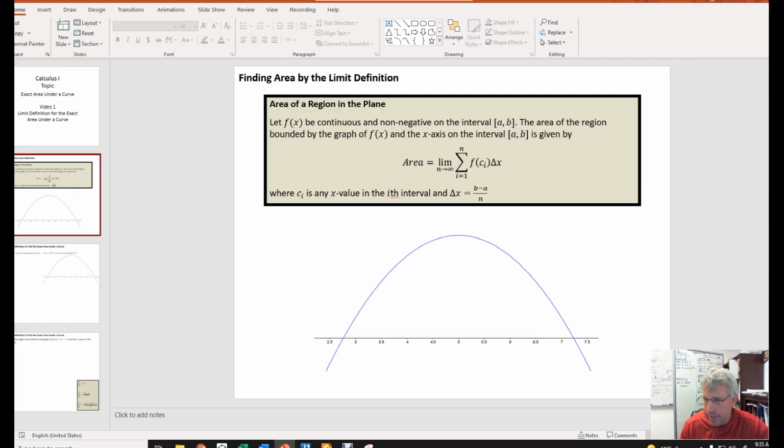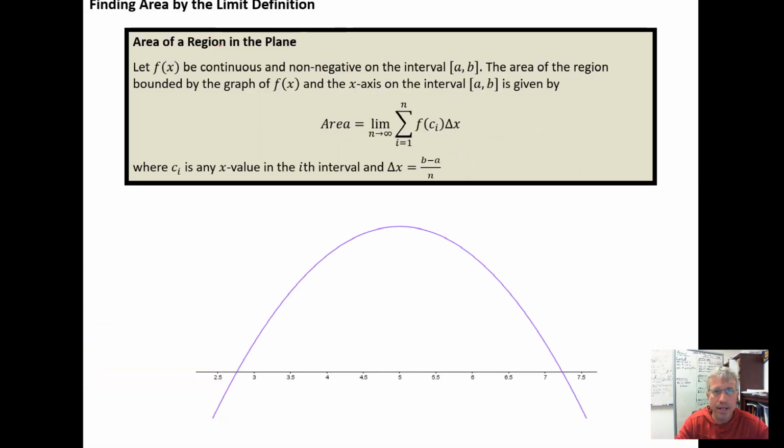If you want to find the exact area of a region under a curve, we're going to take a function f of x. For example, here's a function f of x. As long as it's continuous and non-negative, so we're going to ask for the graph not to go below the x-axis for this particular homework assignment, although we will relax that requirement as we move forward.